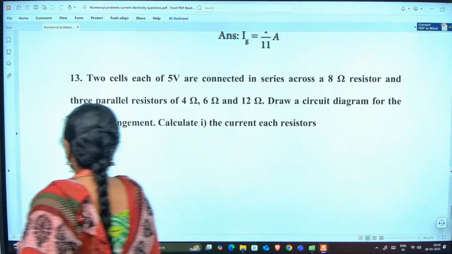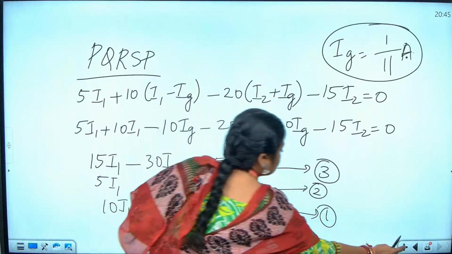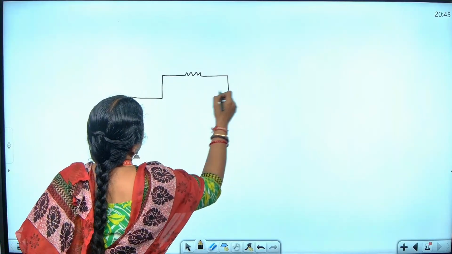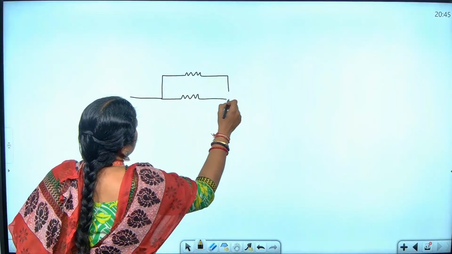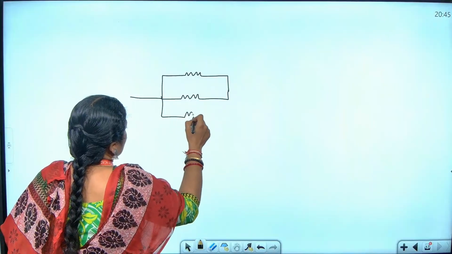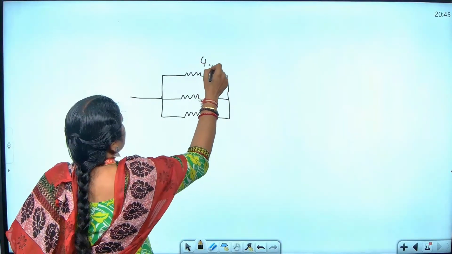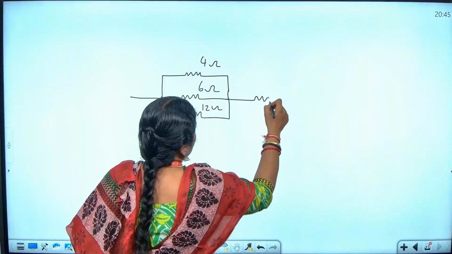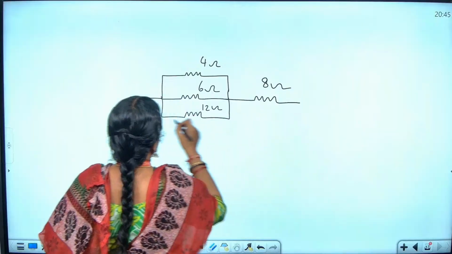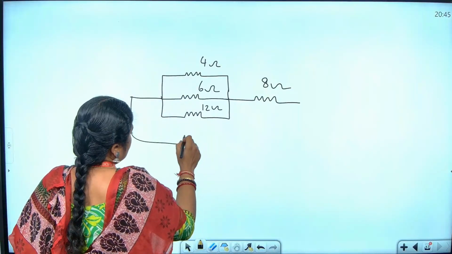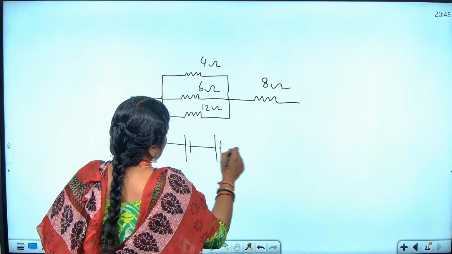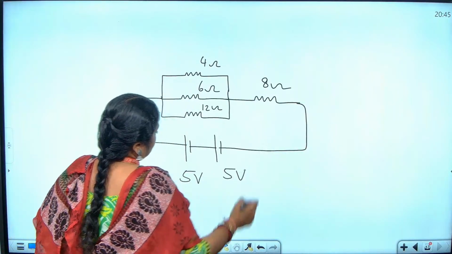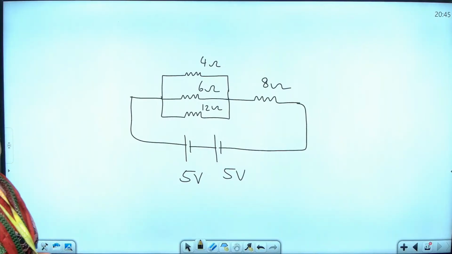So 4, 6 and 12 are in parallel. 4, 6 and 12 ohms are in parallel to an 8 ohm resistor which is connected in series to 2 cells. So this will be your circuit diagram.